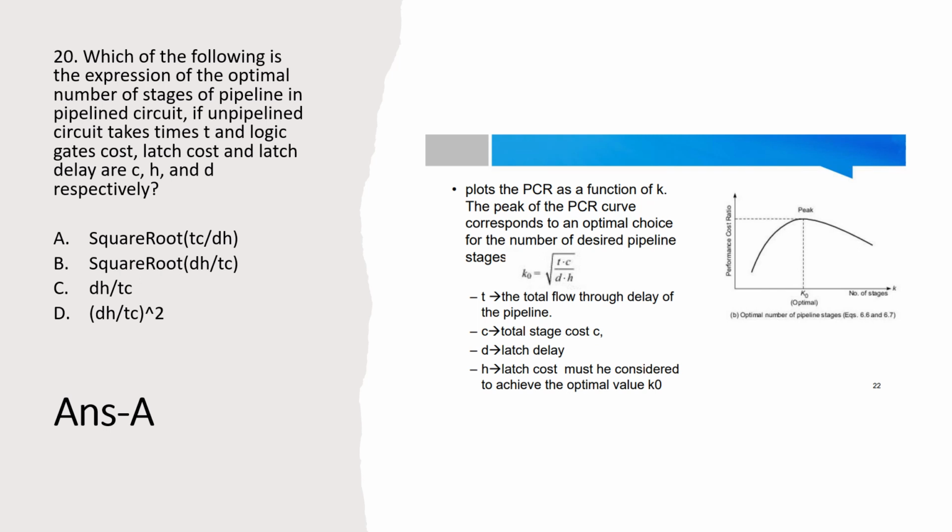You can see it is increasing up to a certain limit, the peak point, and after that it is decreasing, right? So everything you can use up to a certain limit. After that you cannot use it. In a similar way, there should be an optimal number of stages, not as many stages as we want. So the answer of this question will be the square root of tc by dh.